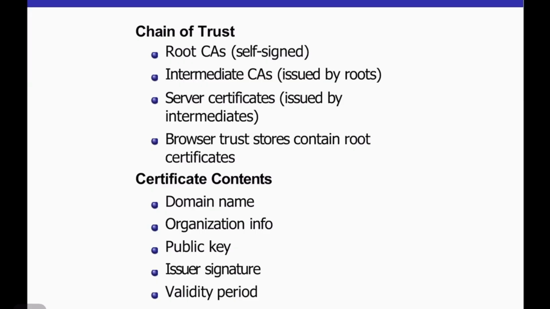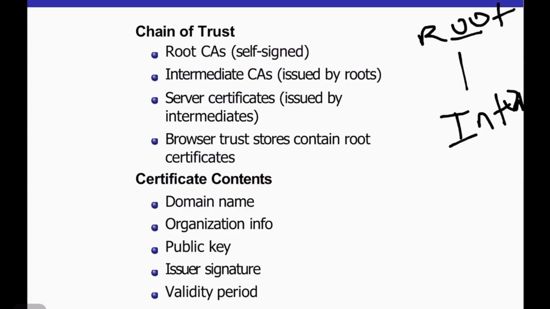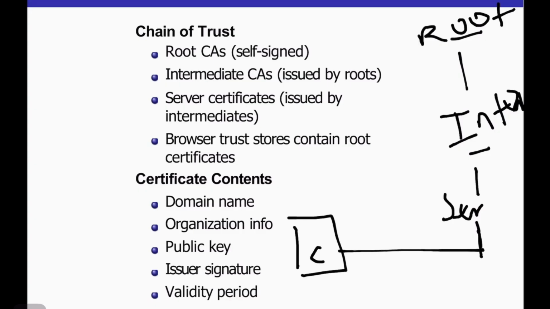That means this is the root. The root is watching over the intermediate. The intermediate too is watching over the server certificate. Then the server also sends a certificate to the browser, which is the client at the other end.